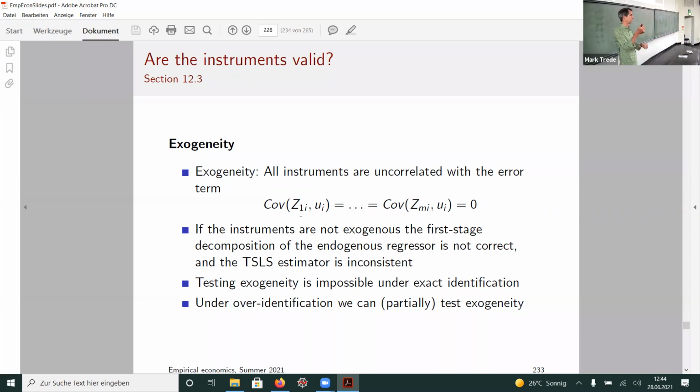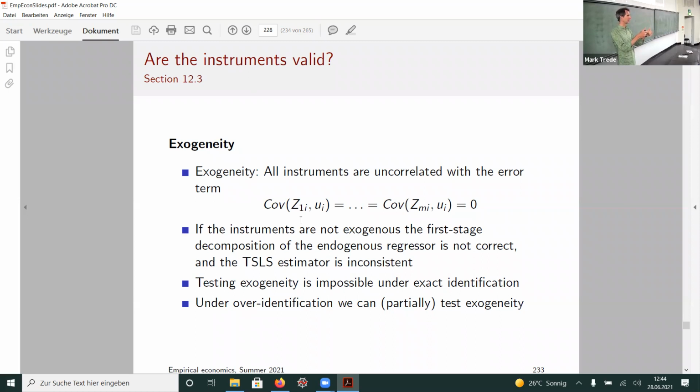We can't see the error terms. We can see the instruments, but we cannot see the error terms. But we have a way to estimate the error terms. So it might be a good idea to check whether the instruments are correlated with the residuals, which are estimates of the error terms. That's a pretty nice idea.